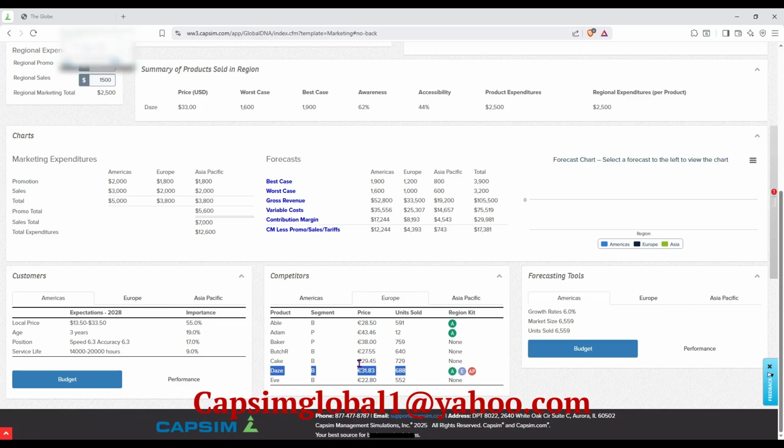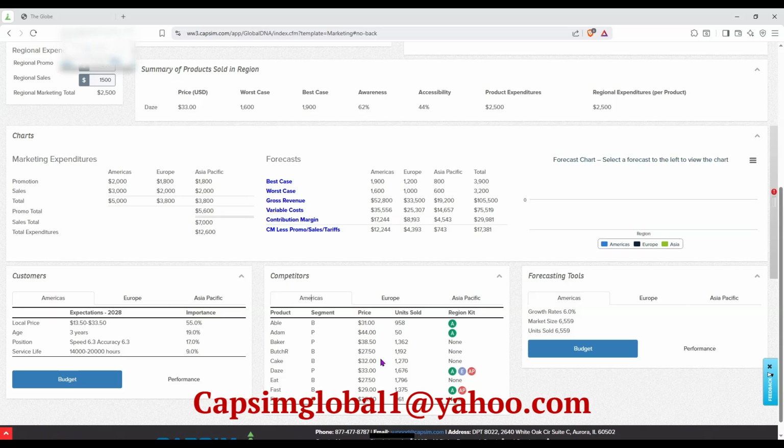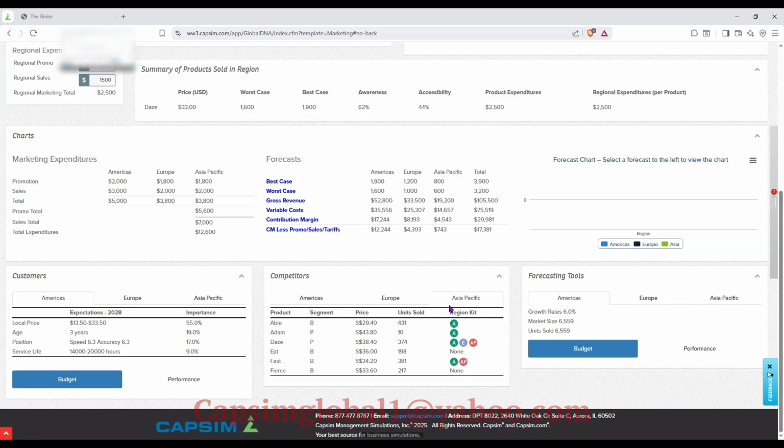And you can see Cake sold the highest with a price of 29.45. On the Americas, we saw It sold the highest with a price of 27.5, and it's in the budget segment. Asia Pacific, Days sold 374 only, and at a price of 38.40, and it's in the performance segment.